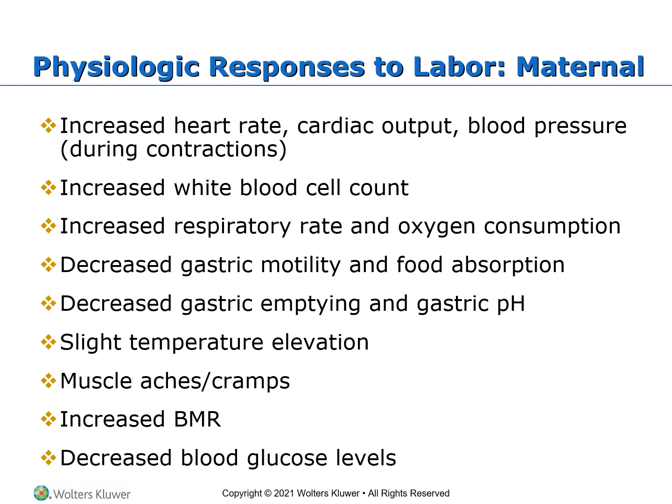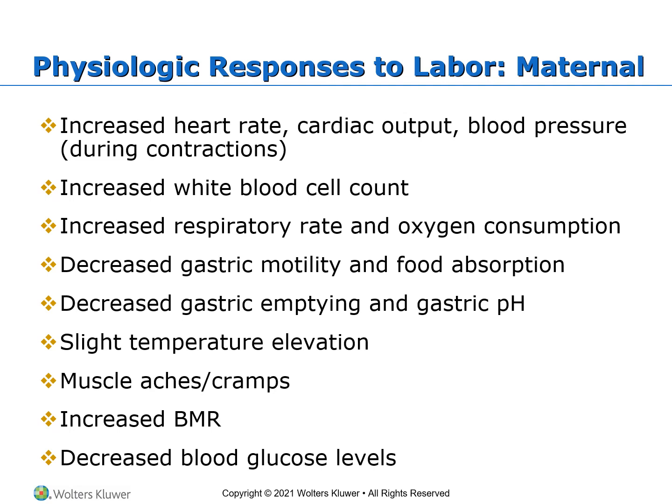So mom, while she is in labor, will have an increased heart rate, usually about 10 to 20 beats per minute. She'll have an increased cardiac output due to all that blood. Blood pressure will increase up to 35 millimeters of mercury during those contractions. That's in all labor stages, so that's normal.